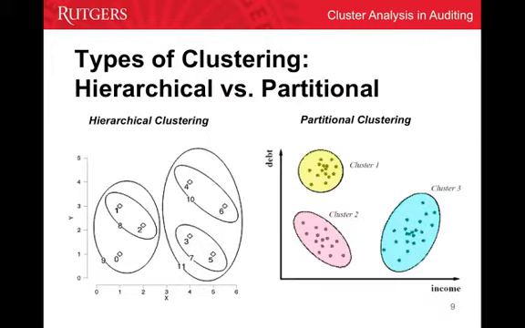The second type of clustering is hierarchical and partitional clustering. This figure shows a hierarchical clustering. We see there are 1, 2, 3, 4, 5 clusters, but some clusters belong to other clusters, so we call it hierarchical clustering.